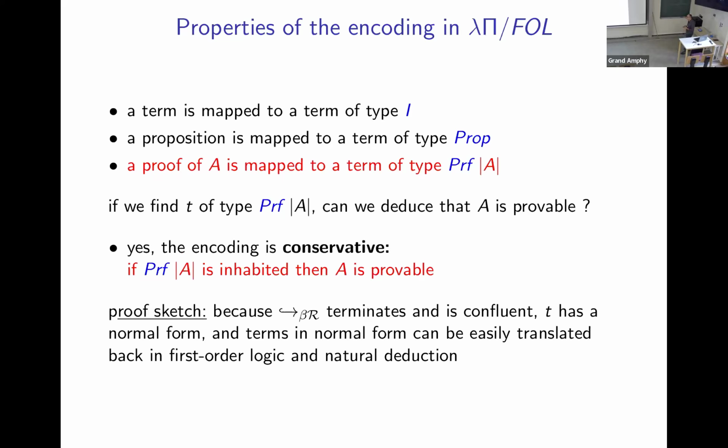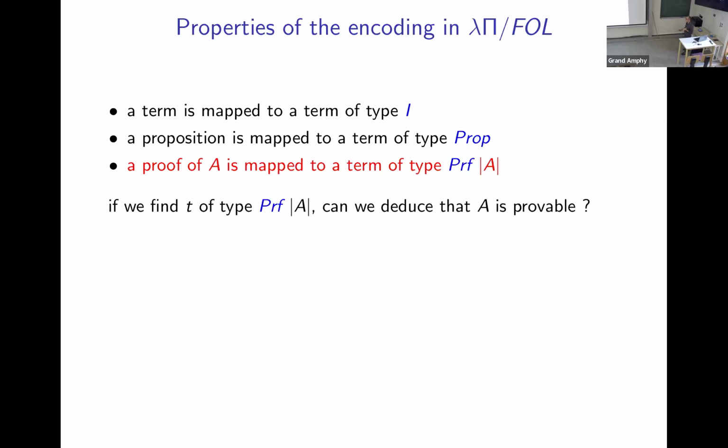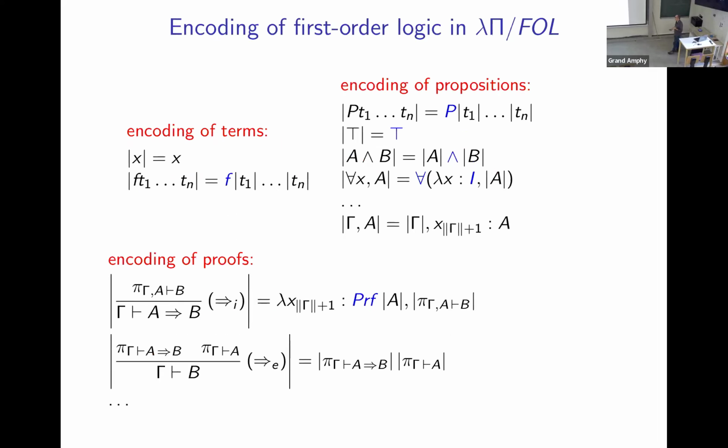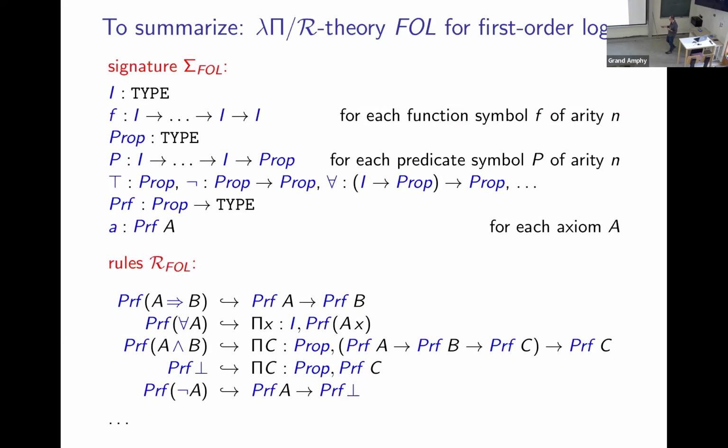And how to prove this? We can use the fact that the rewrite system that I have, this rewrite system here, is confluent and terminates together with beta reduction.